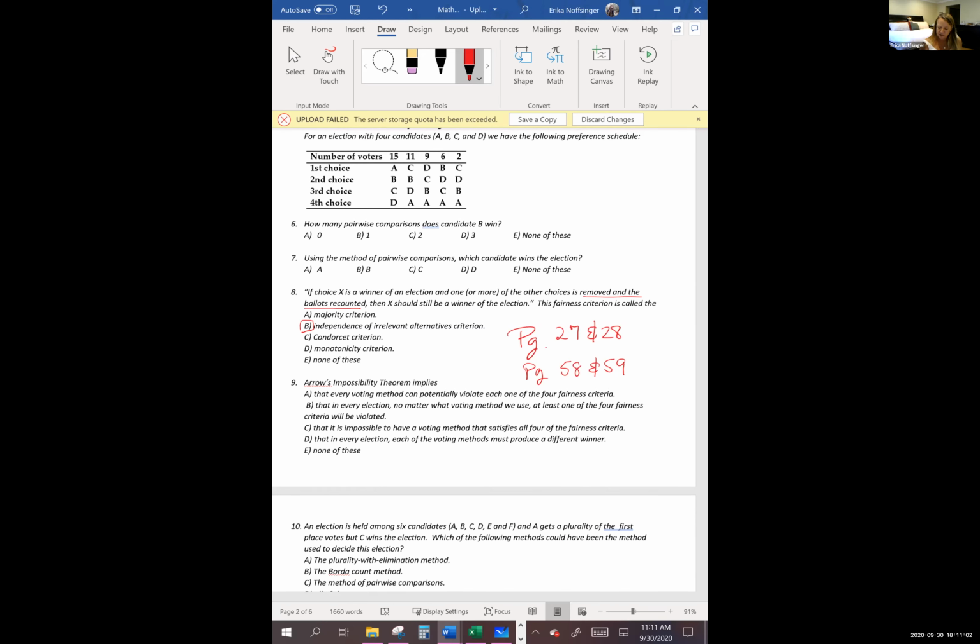In every election, no matter what voting method we use, at least one of the 4 fairness criteria is violated. It's mathematically impossible for a voting method to satisfy all 3 fairness criteria. That looks right. That it's impossible to have a voting method that satisfies all 4 of the fairness criteria. That's what I just read. That in every election, each of the voting methods must produce a different winner? No. So let's see.